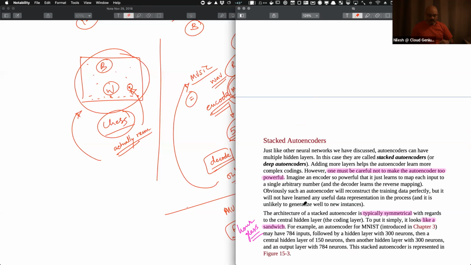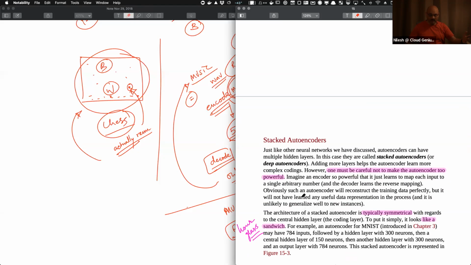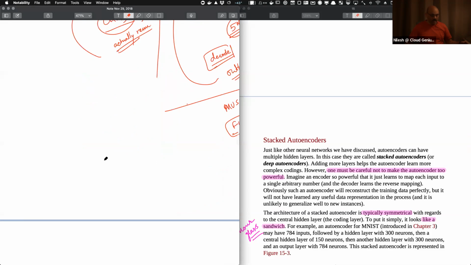And so one of the ways to think about it is that we can put multiple layers of these encoders if we need to. So they're called stacked encoders. A stacked encoder is basically, say, multiple such layers on top of layers on top of layers. So it goes on.